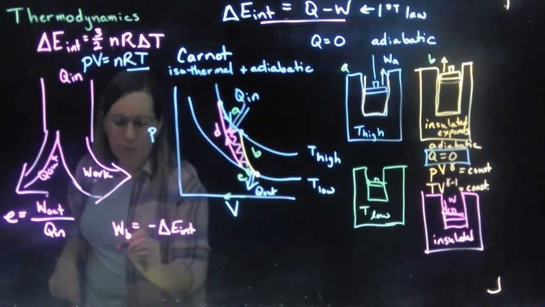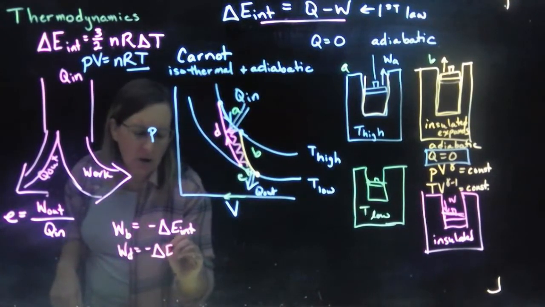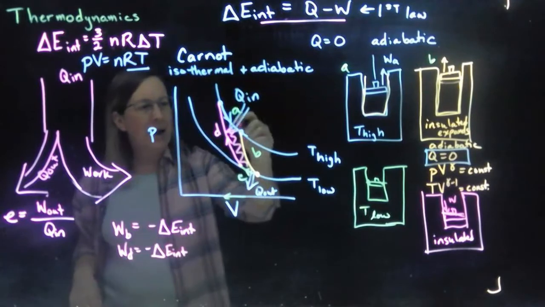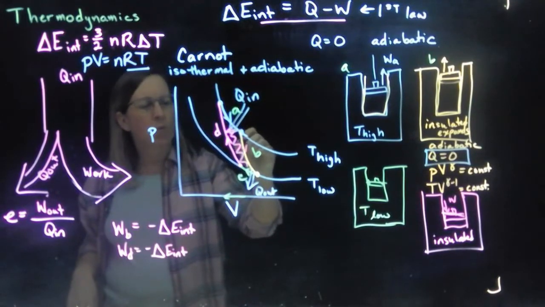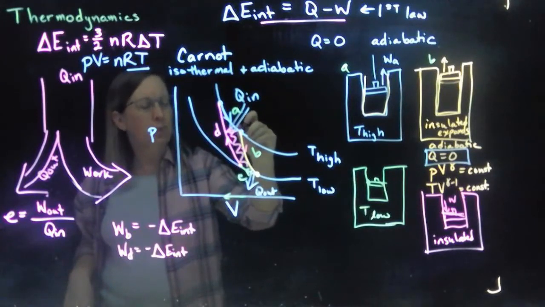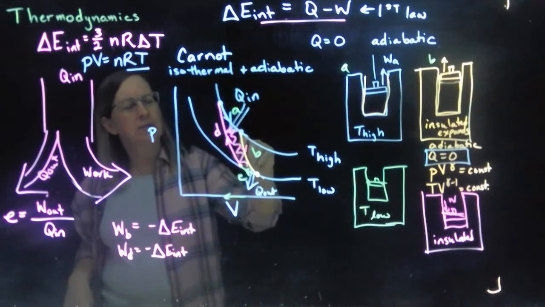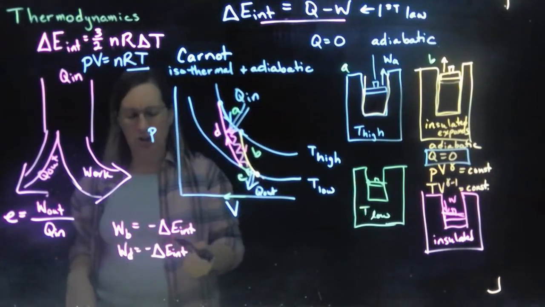So the work for B and the work for D, also minus change of internal energy, one is positive and one is negative. This is positive work, negative change in internal energy, and this is negative work, positive change in internal energy.